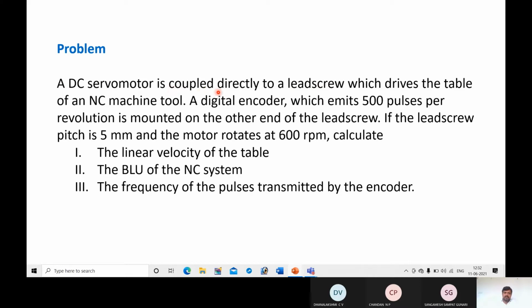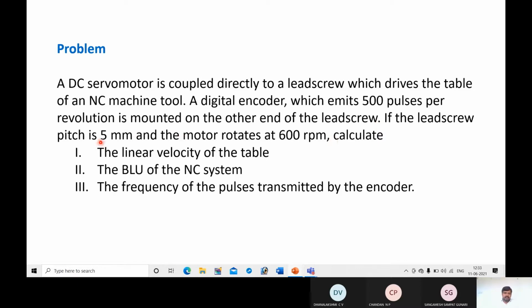A DC servo motor is coupled directly to a lead screw which drives the table of an NC machine tool. A digital encoder, which is a position feedback device, which emits 500 pulses per revolution, is mounted on the other end of the lead screw.